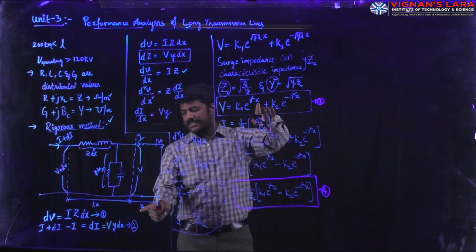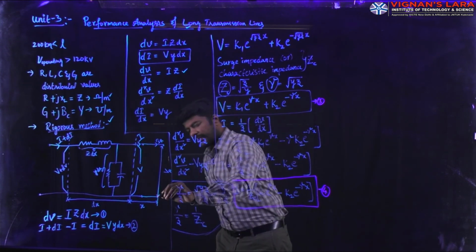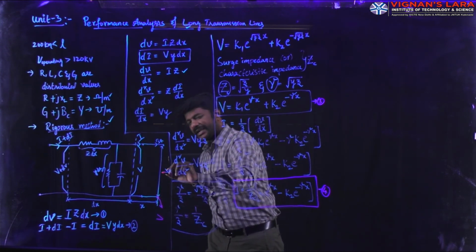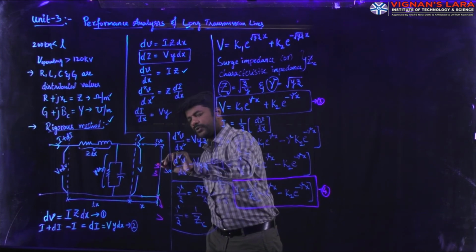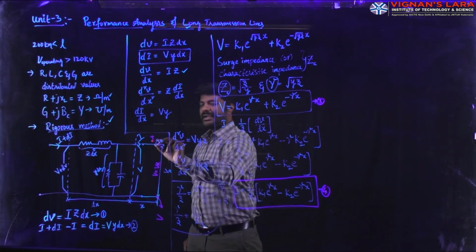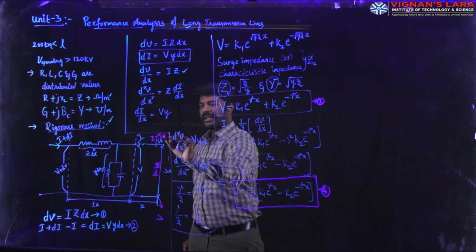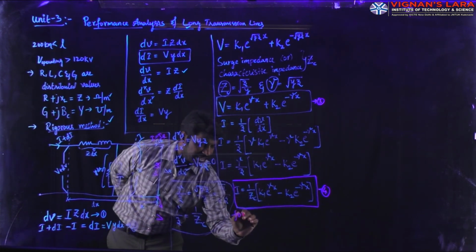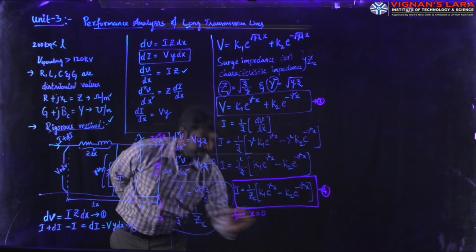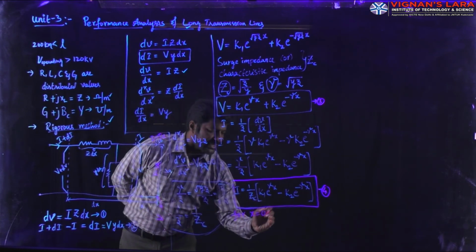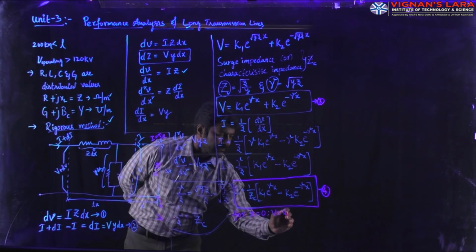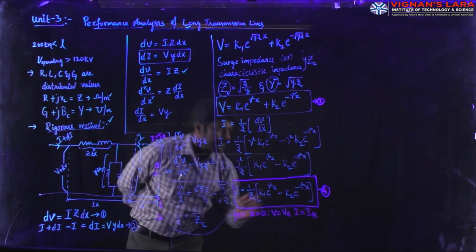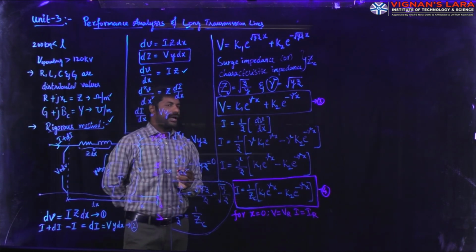Whenever x becomes 0, the point will be the receiving end point, where the voltage is V is equal to VR and the current is I is equal to IR. So for x equal to 0 at the initial condition, V is written as VR and I is written as IR. Then equations 3 and 4 are remodified.